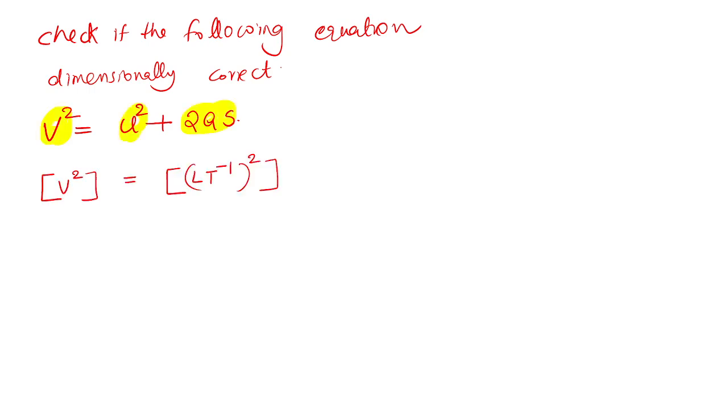V is L T raised to minus 1. Squaring, L square T raised to minus 2. So V square is done. In the same way U square: U is also velocity, just copy.